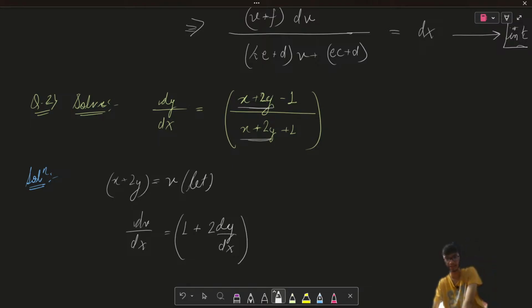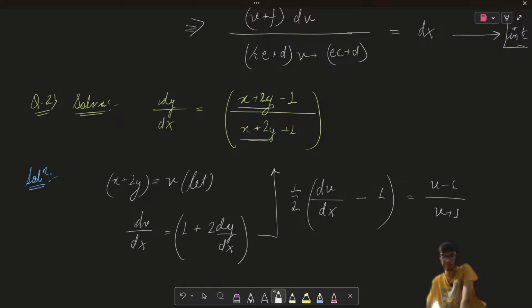What I'm going to do here is simply replace this with a reduced form. That is, I will have (dv upon dx minus 1) divided by 2 is equal to (v minus 1) by (v plus 1).